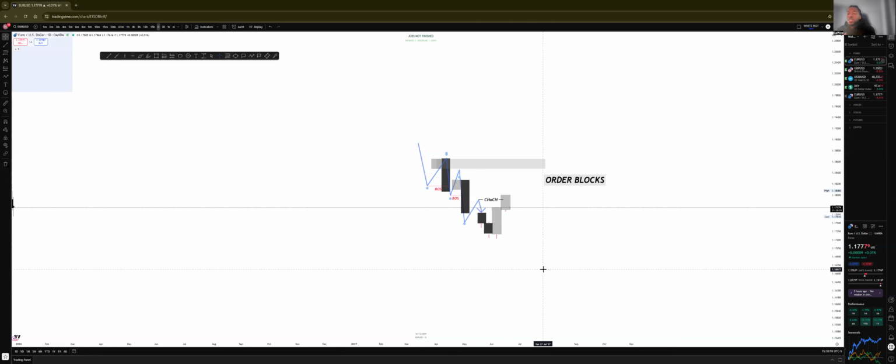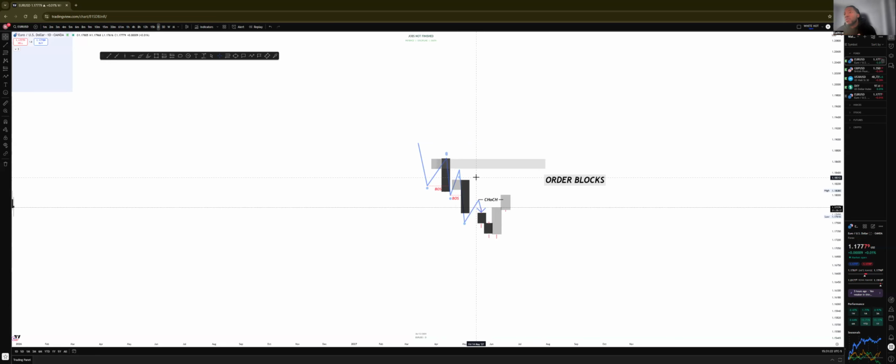Meaning price hasn't come into that specific order block yet. After it was created, price has not touched it. So that is another key sign that this order block is valid, and that it's going to be a strong order block, because the orders that lie within it have not been activated.